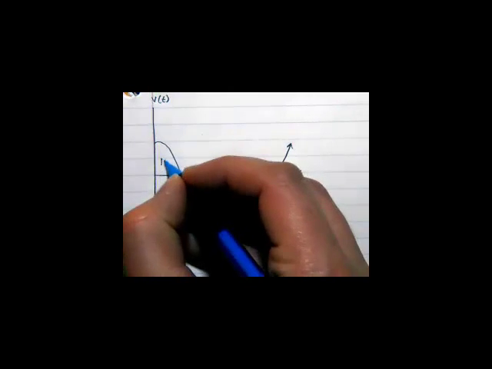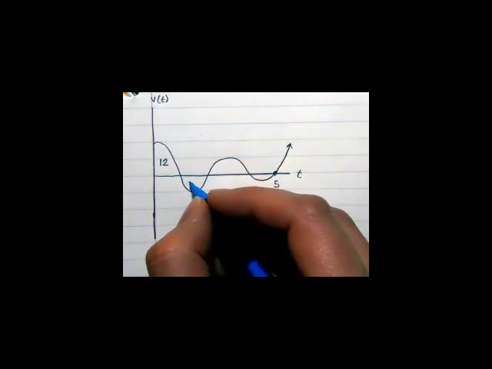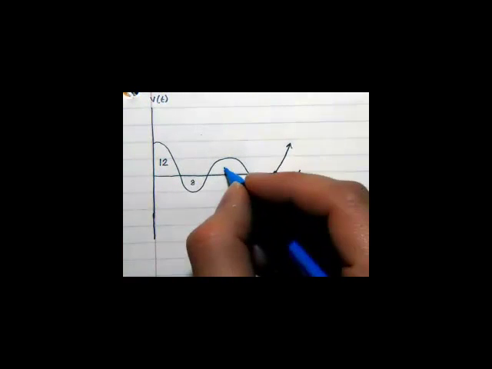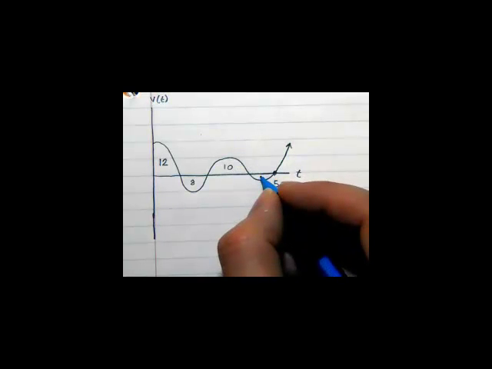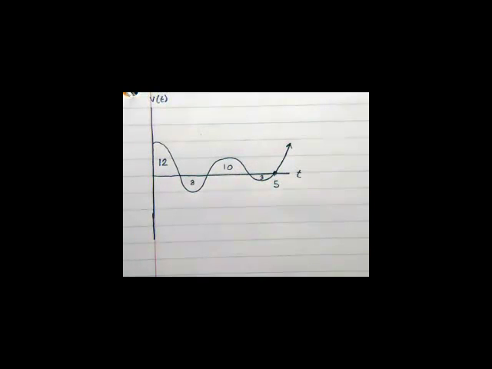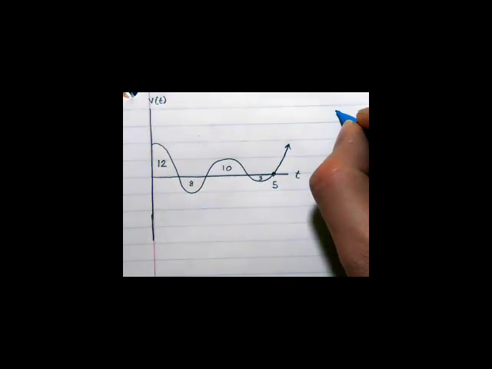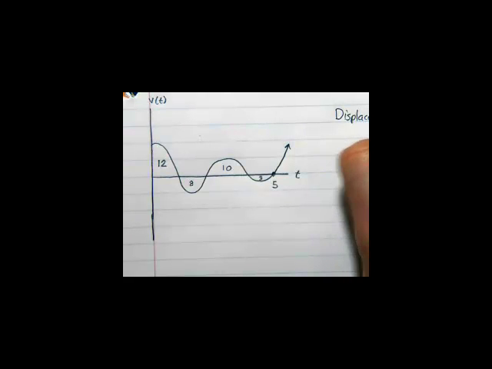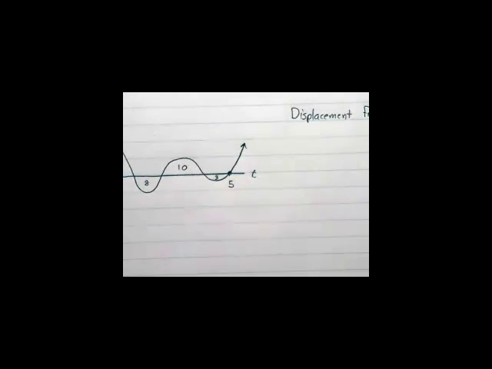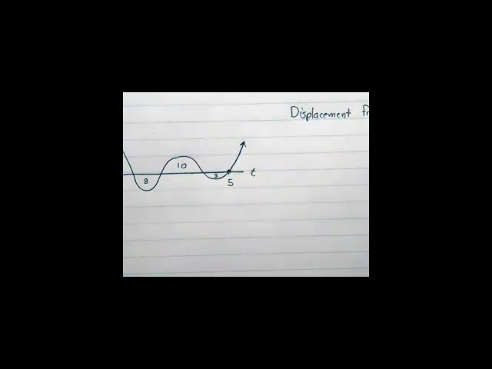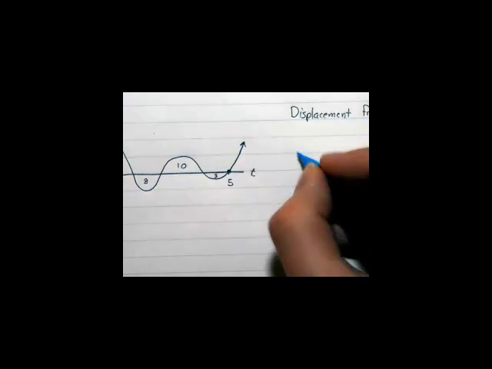So let's say this is 12, this is 8, this is 10, and this is 3. Okay, so I want you to calculate what is the displacement from t equals 0 to t equals 5. And then what is the total distance?